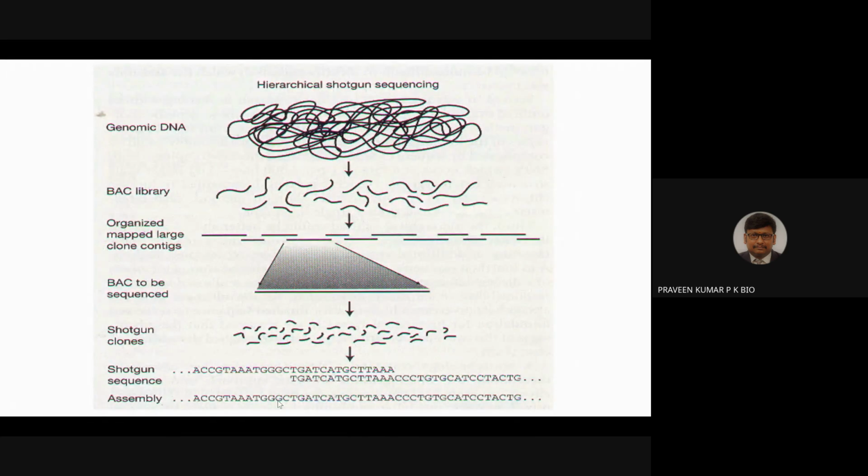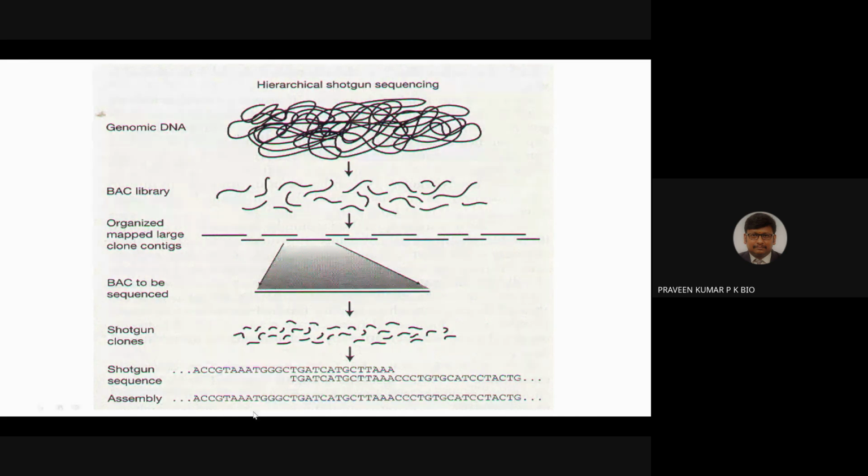Generally, we have genomic DNA, which we can use a shortcut, we can split into multiple fragments. Whatever we create, an artificial library, if it is from a bacterial source, this is a bacterial artificial chromosome library.